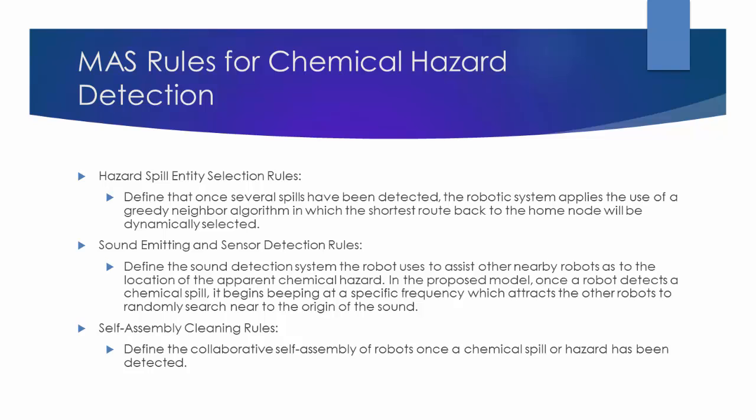And this leads to the justification of why we need a multi-agent simulation model for chemical spill detection in a manufacturing environment. First of all, allowing multiple robots in a manufacturing facility to be simulated at one time will allow spills to be detected faster, and there will be no hassle of waiting for one cleaning machine or robot, or whichever mechanism is used to clean spills, to randomly search throughout the entire facility, instead of having multiple agents that will do this at a faster time.